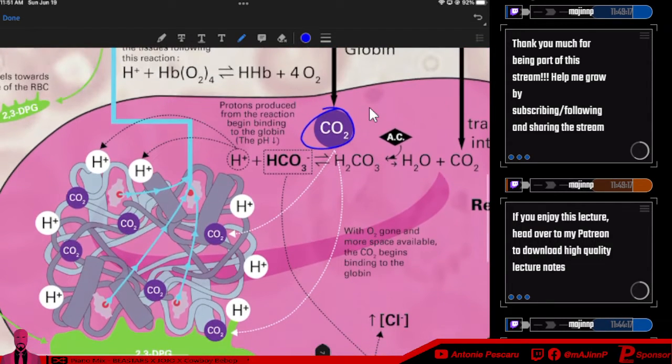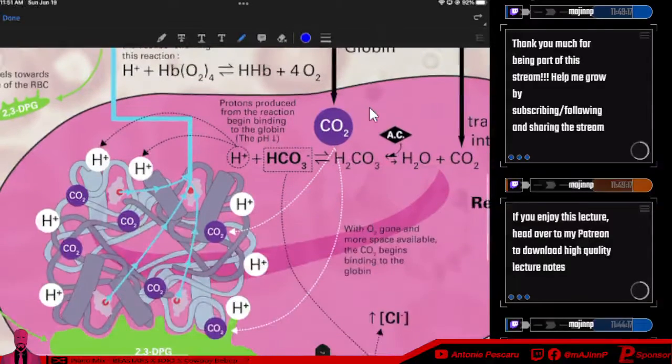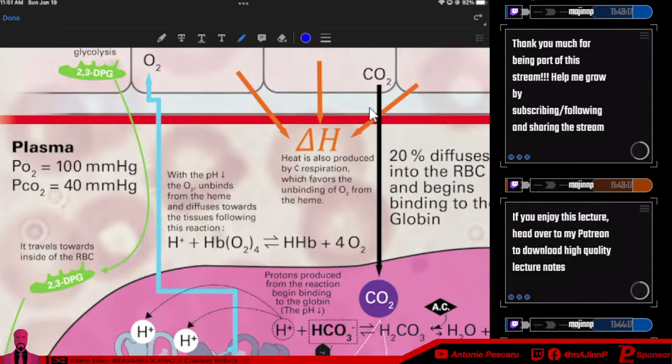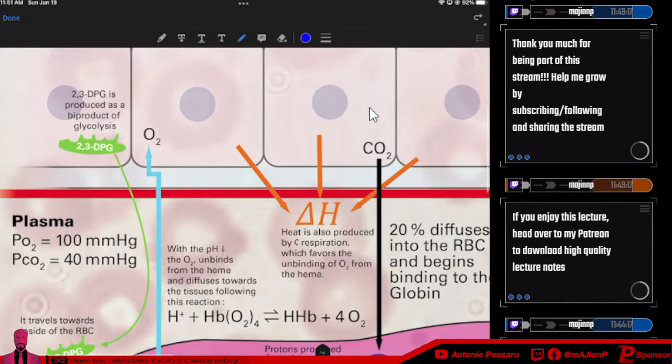And finally, that CO2, basically 20% of the CO2, begins binding onto the globin group. And to keep it in place, because you don't want the CO2 to start detaching a little bit everywhere, you need a seat belt, basically. And that seat belt is going to be your 2,3-DPG, which stands for 2,3-diphosphoglycerate or bisphosphoglycerate, however you want to say it.